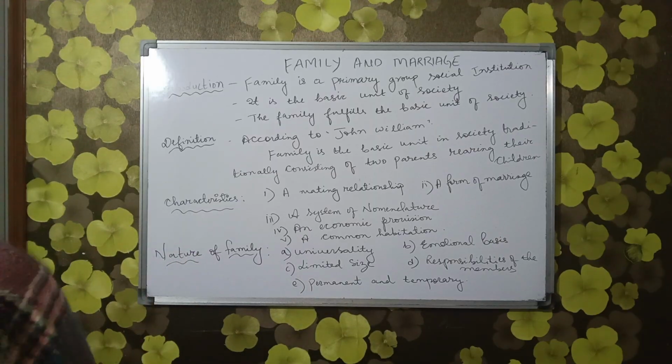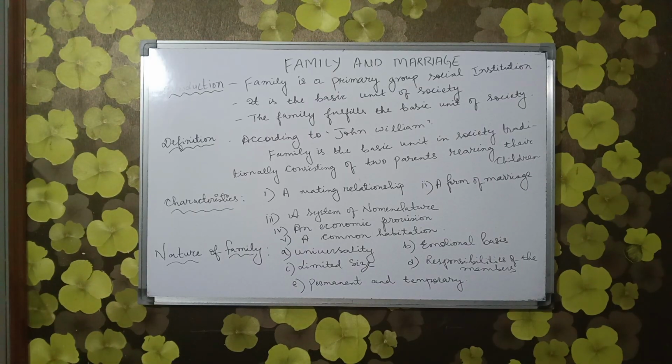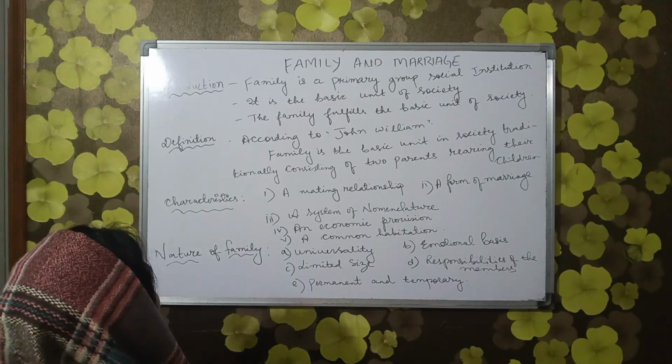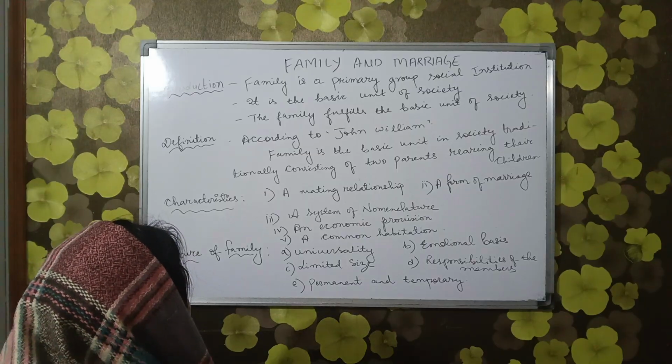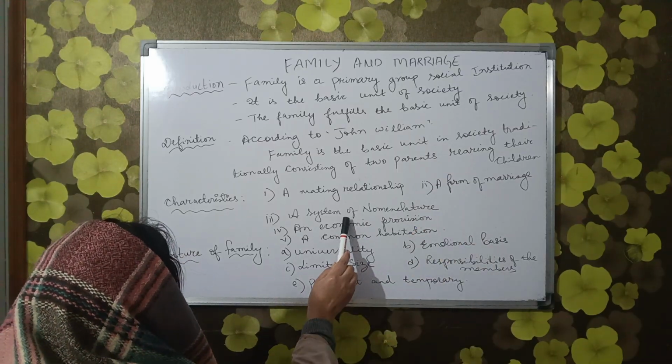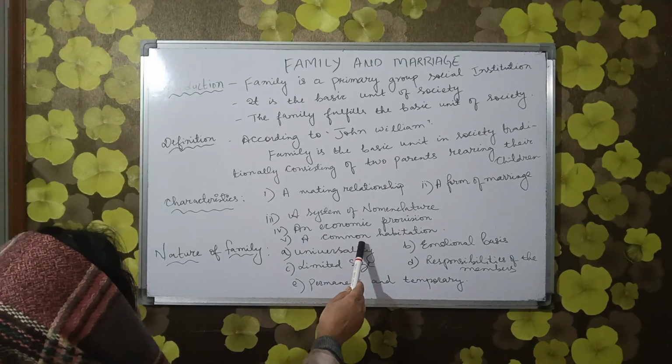So common habitation is also one of the characteristics. So mainly the family requires a home or house for their living and also for making a family in the future. So these are the characteristics: a mating relationship, a form of marriage, a system of nomenclature, an economic provision, a common habitation.